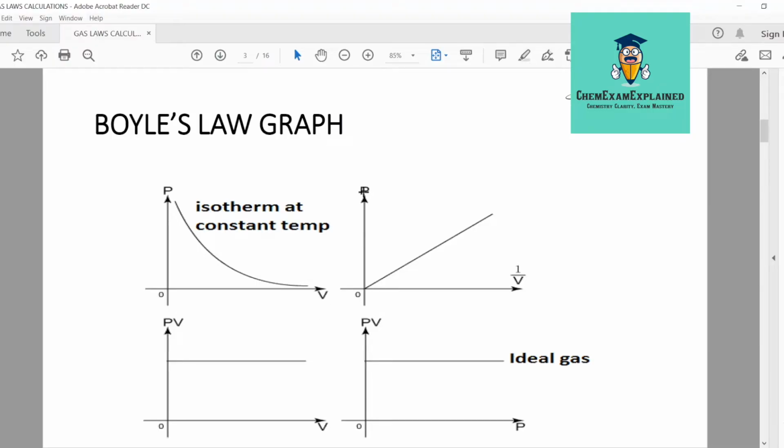Similarly, P and 1 over V, where P is on the y-axis, 1 over V is on the x-axis, you could have V on the y-axis and 1 over P on the x-axis. And here we have PV on the y-axis and V on the x-axis, PV and P. All 4 graphs here represent Boyle's law.